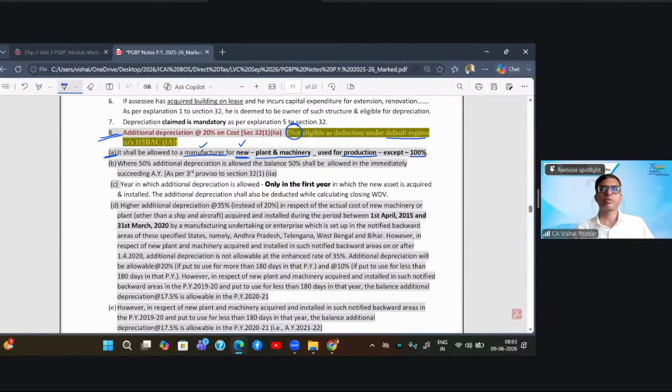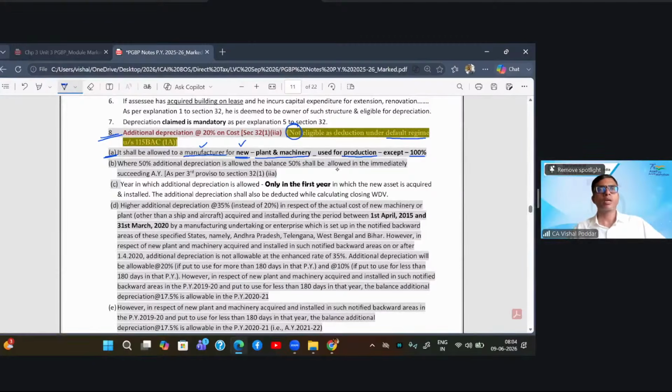And last condition for additional depreciation is, I have written here except 100%, means what? If the rate of depreciation, the normal rate of depreciation of your plant and machinery is already 100%. It means you are claiming entire cost as depreciation in regular depreciation itself. Why will I allow you any additional depreciation? So additional depreciation will not be allowed if your normal rate of depreciation itself is 100.